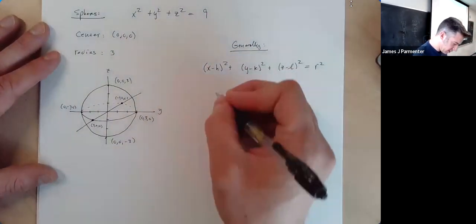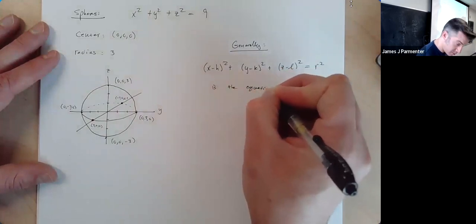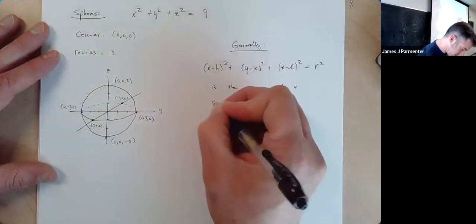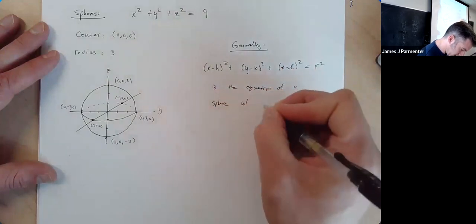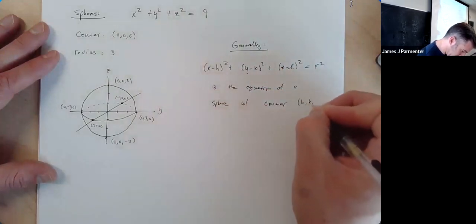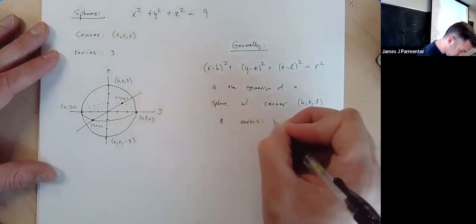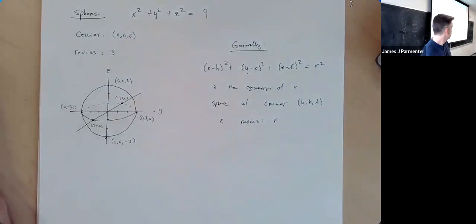And this is the equation of a sphere with center h comma k comma l and radius r. Very, very much like the equation of a circle. Just we're adding something here.